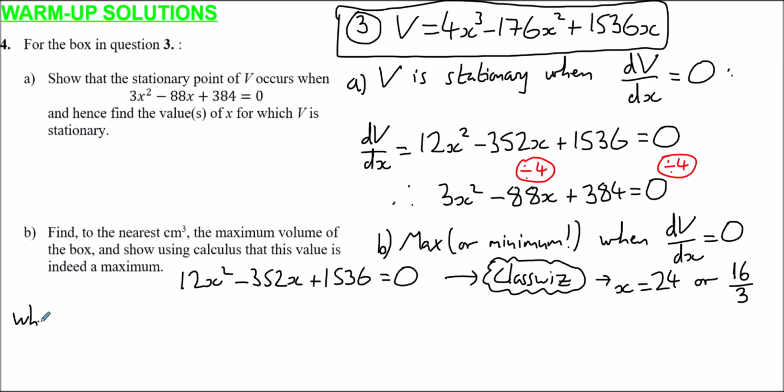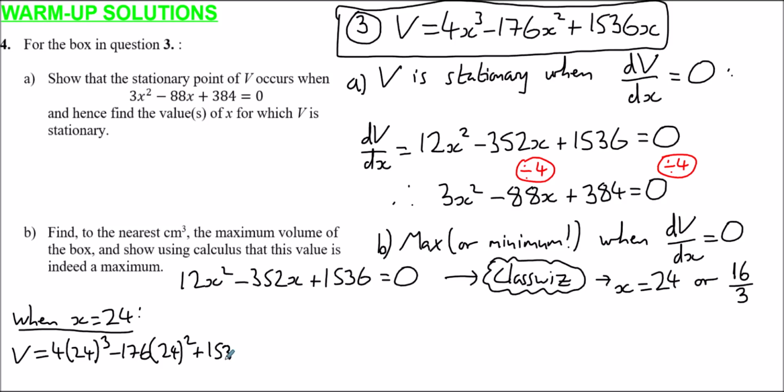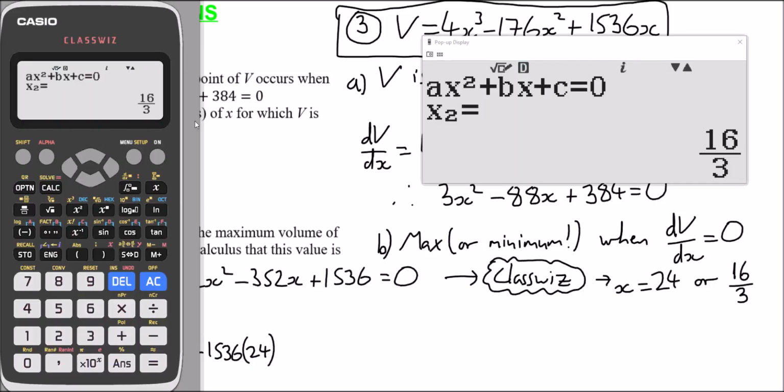When x is 24, what happens? So for volume, when x is 24, will be 4 times 24 cubed minus 176 times 24 squared plus 1536 times 24. So what does that come out to be? Let's just see.